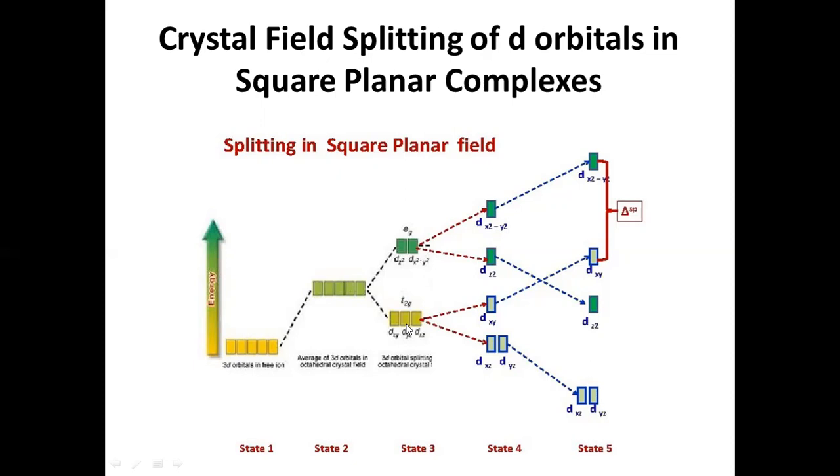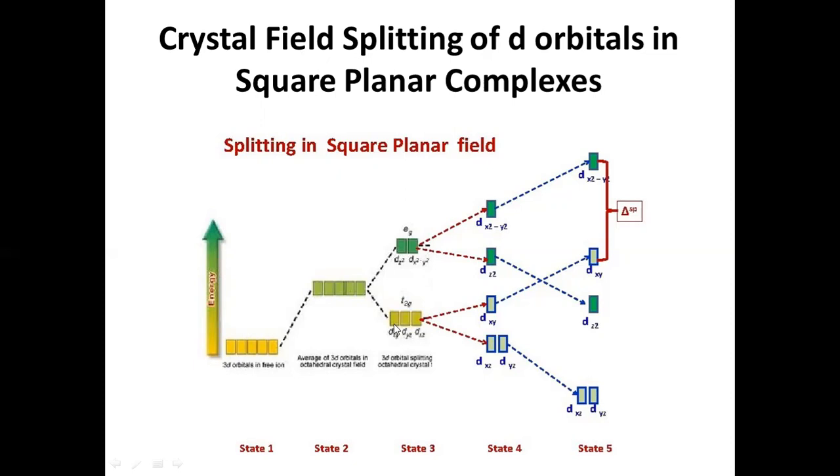But a square planar complex is not an octahedral complex. A square planar complex is just in the form of a square. In octahedral, there are two ligands, above and below the square. That's why it is called an octahedral complex.